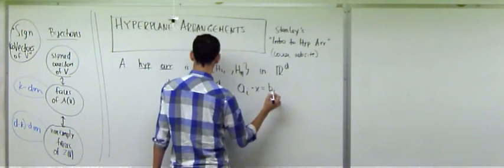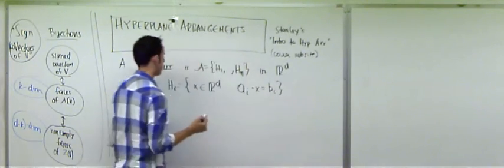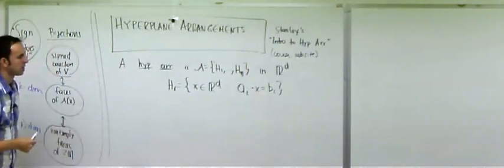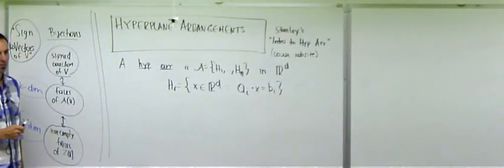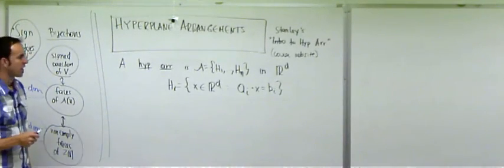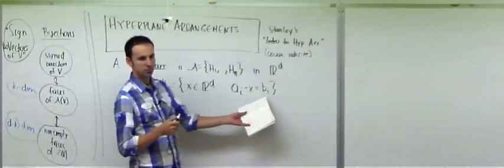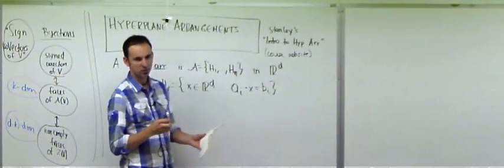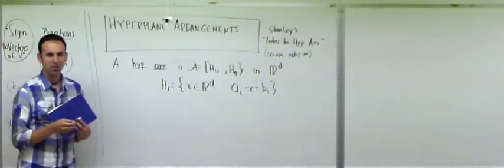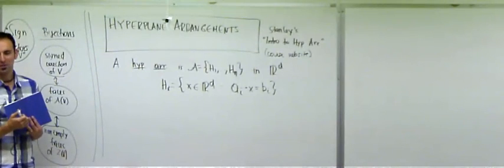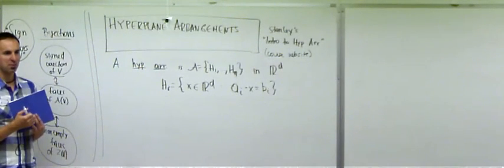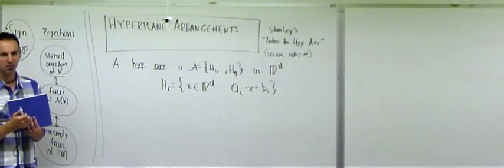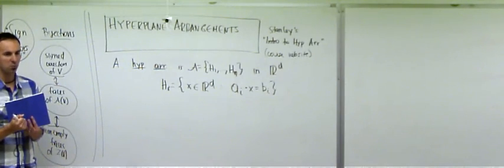Okay. And so you'll notice that I changed my mind from last time, because last time I had everything equal to 0. And this time I have it equal to b_i. So I told you last time that for most of the rest of the class, we were going to assume that hyperplanes are going through the origin, but actually I don't want to assume that.